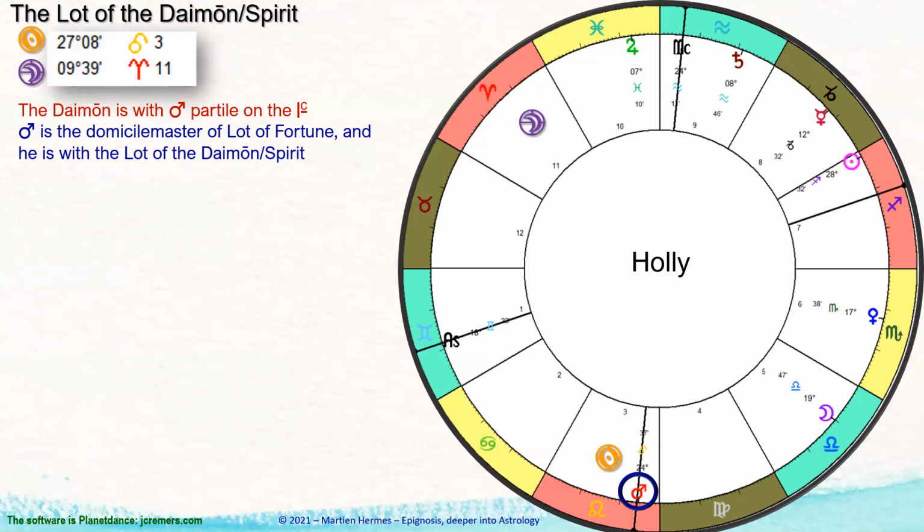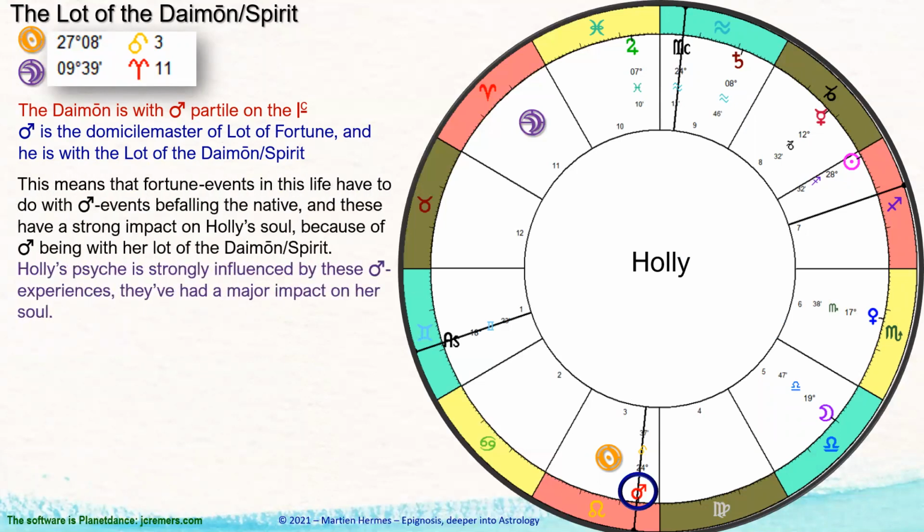So, it's quite important that the lot of the daimon is with the planet Ares, because this has a lot of impact on Holly's soul, so to speak. And because Mars, Ares, is the ruler of the lot of fortune, that means that fortune events in this life have a very strong effect on Holly's personality and her psyche.